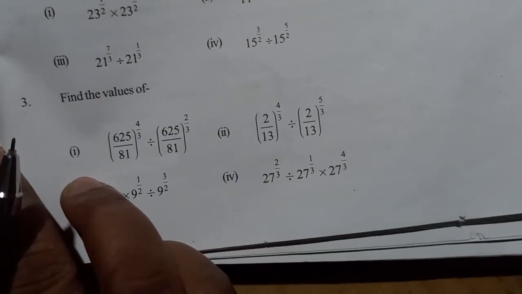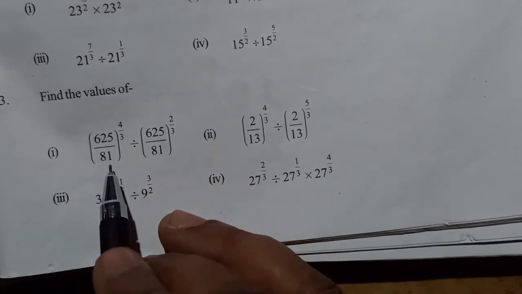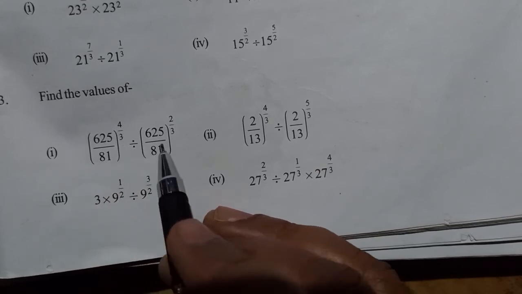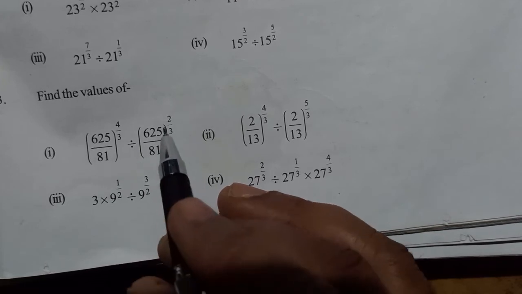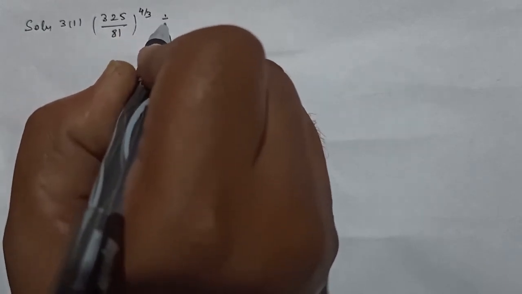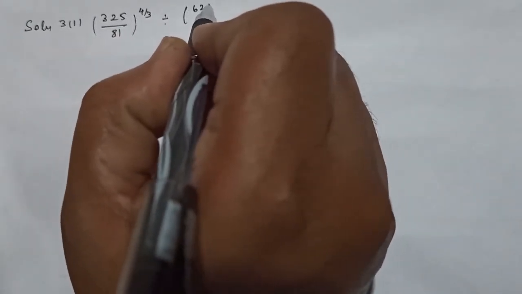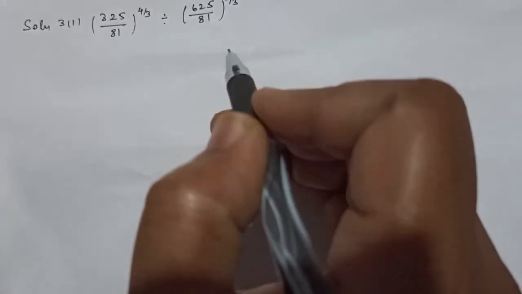Question number 3. Find the values of 625 upon 81 whole to the power 4 upon 3 divided by 625 upon 81 whole to the power 2 upon 3. Solution 3.